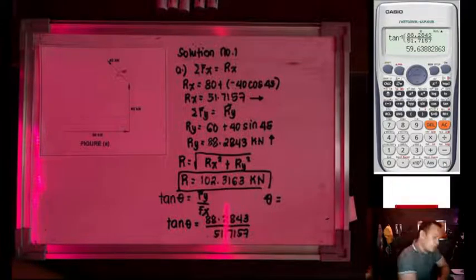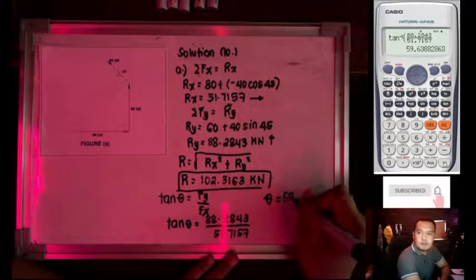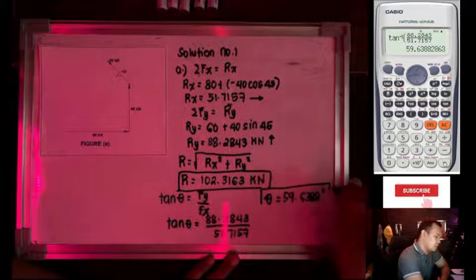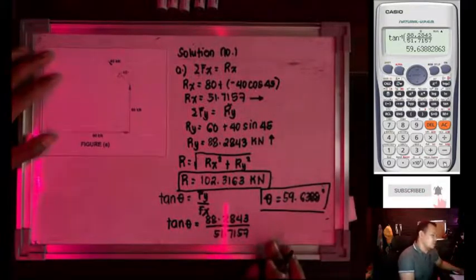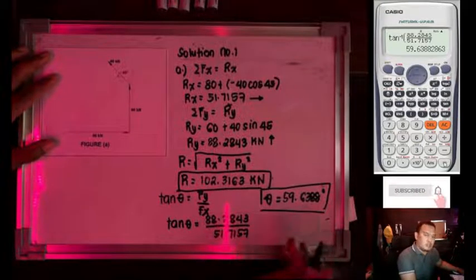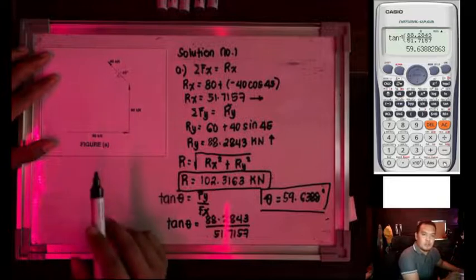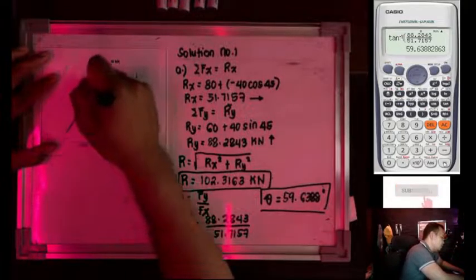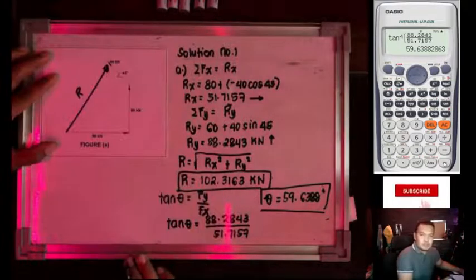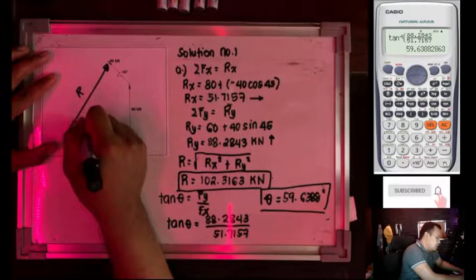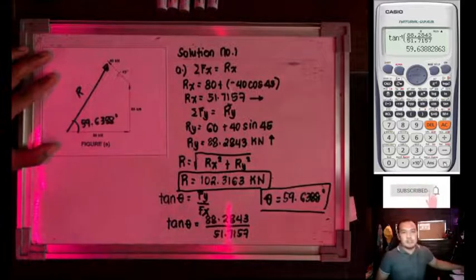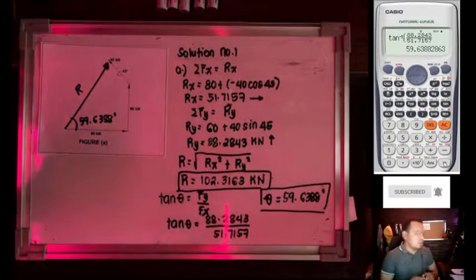So we have here theta is equivalent to 59.6388 degrees. Therefore, the location of our resultant, as I said earlier, we will close this figure. So this is the direction of our resultant force, which is 59.6388 degrees.